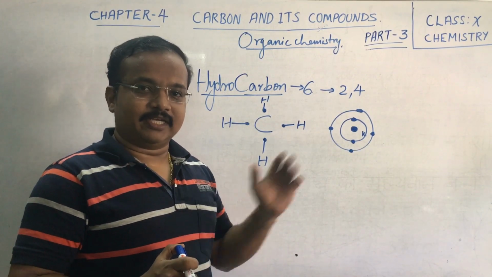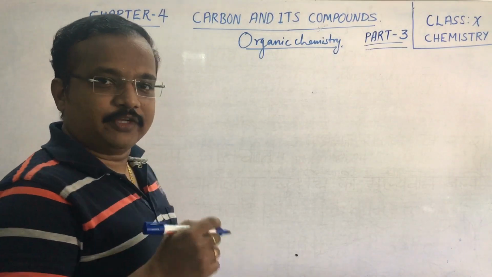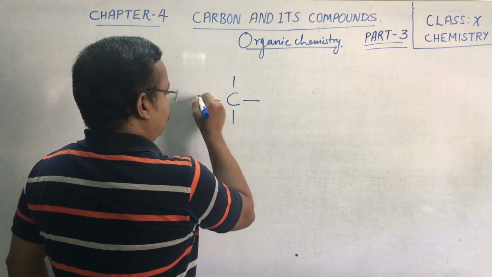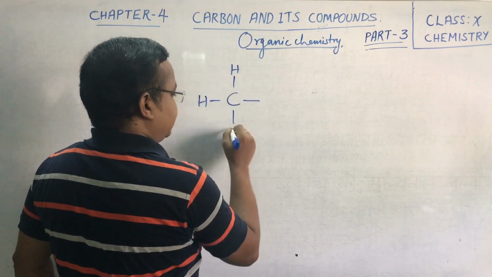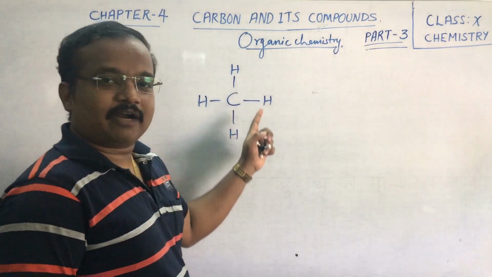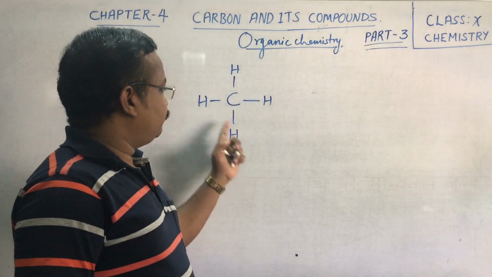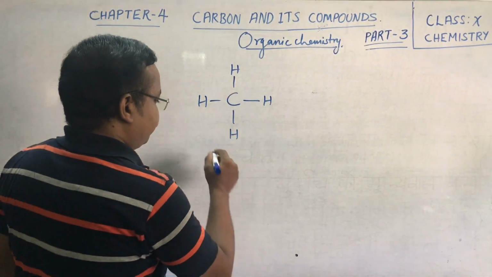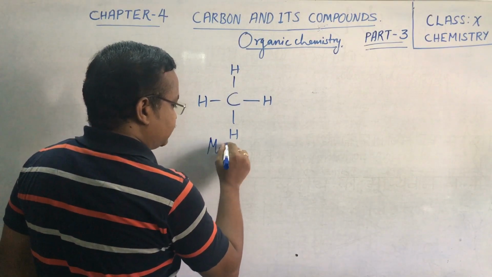Okay children, let us continue. As we know, when carbon combines with 4 hydrogen atoms, carbon is shared between 4 hydrogen atoms. This forms our first hydrocarbon, that is methane.